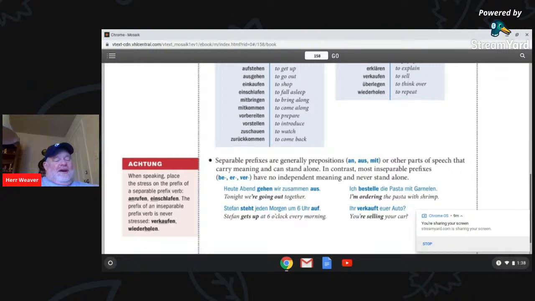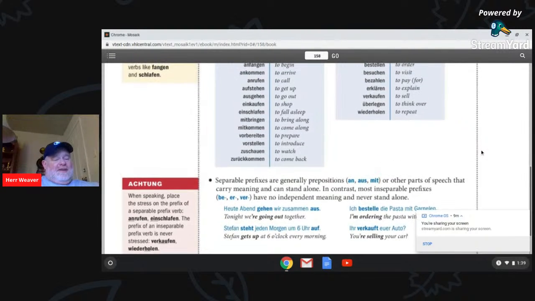But if you say, ich schlafe, I'm sleeping, well, that's not a sentence you get to say very often, is it? But wir schlafen, or they're sleeping, sie schlafen, but they're falling asleep. Sie schlafen ein. Wir schlafen ein. Different than we're sleeping. Just that prefix changes the meaning of the verb.